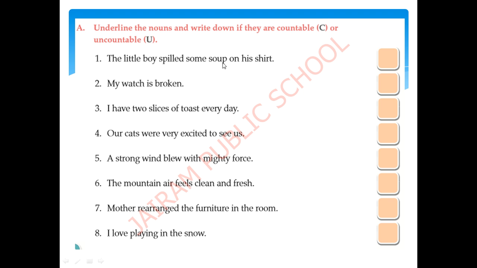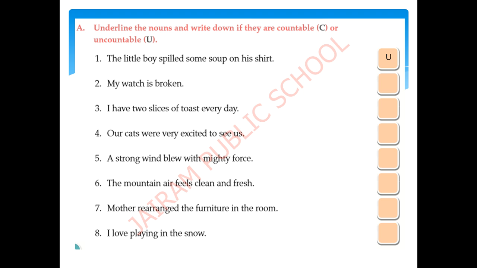You can underline this word and you can write in the box whether it is C or U. If the soup is a countable noun, you can write C. If the word soup is uncountable, you can write U in the blank. The little boy spilled some soup on his shirt. Uncountable. I hope you will also do it. So soup is an uncountable noun. So you have to write U in the box.